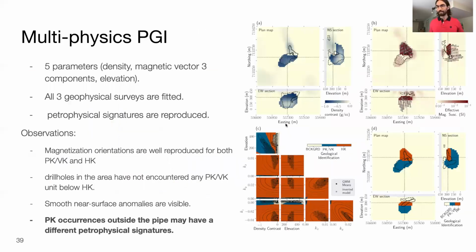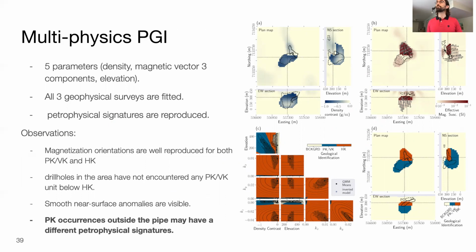So the next step, obviously, is to move to the multiphysics PGI, and that's what we get, with the same kind of outcome as before. We remove that uncertain zone with the wrong petrophysical signatures, and the magnetic vectors are still well recovered.